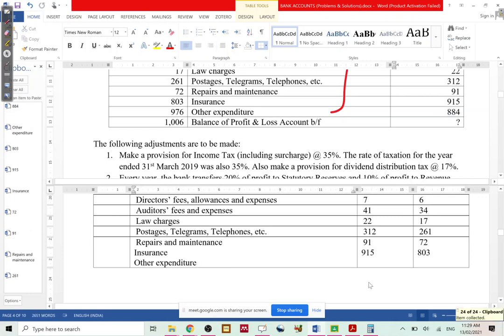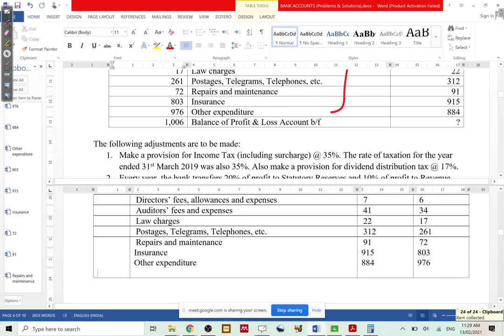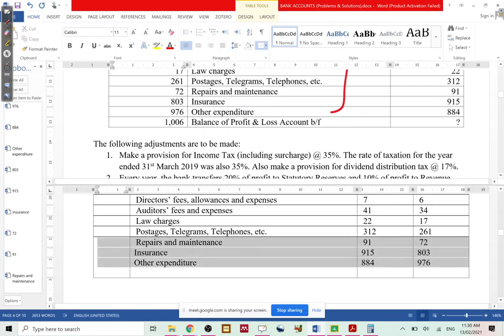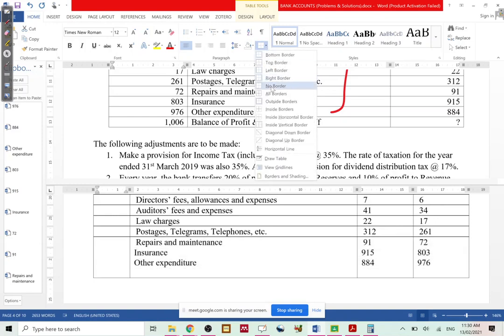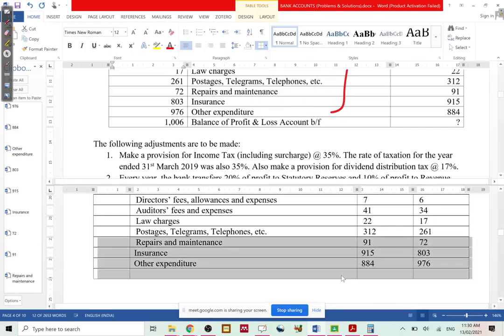Okay, so 884, 976. Fine. So that's what our operating expenses are, and we're going to see now what total we get for operating expenses.